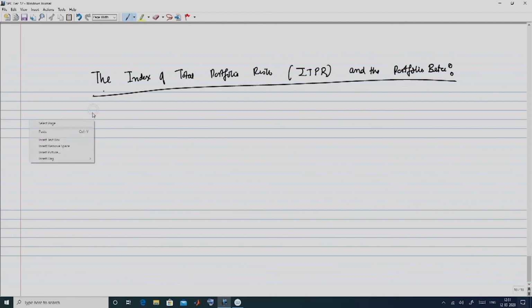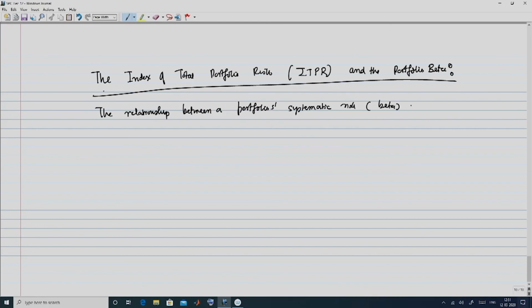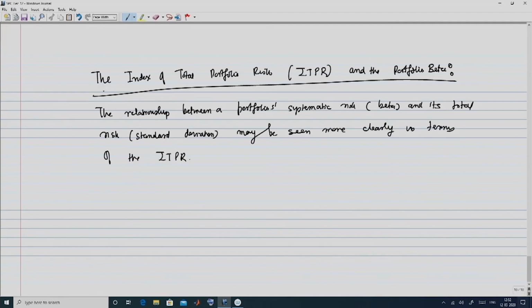For this we note that the relationship between a portfolio's systematic risk, remember that we had introduced the terms systematic and unsystematic risk, beta, and its total risk, that is the standard deviation, may be seen more clearly in terms of the ITPR, which is defined as sigma p over sigma m.